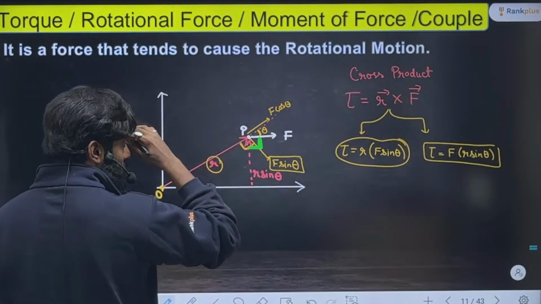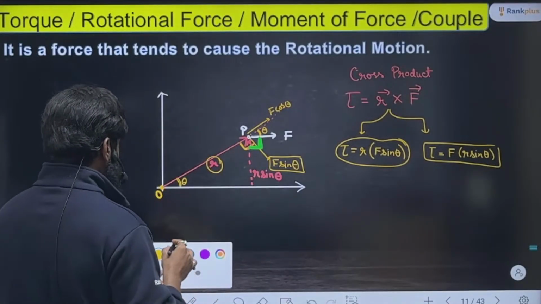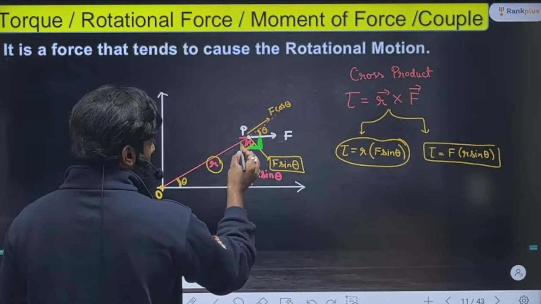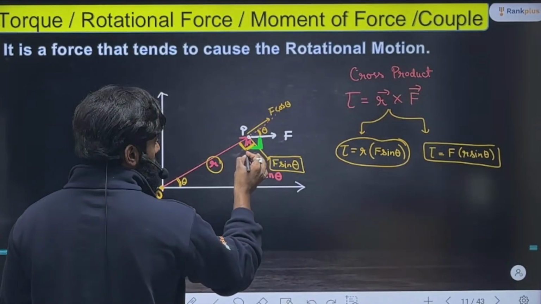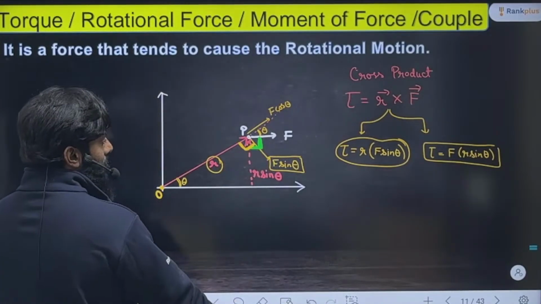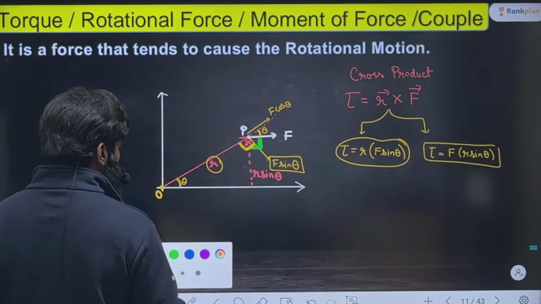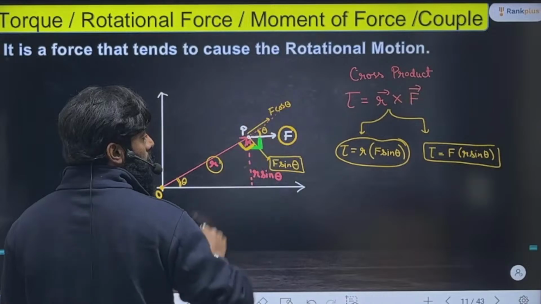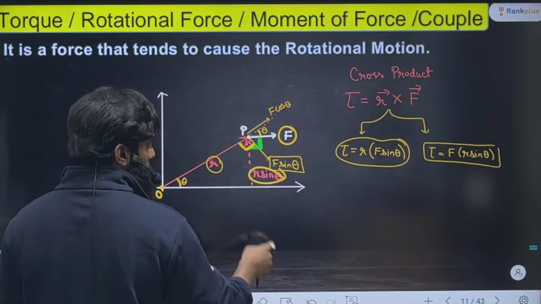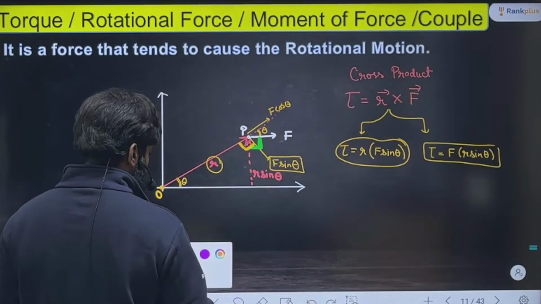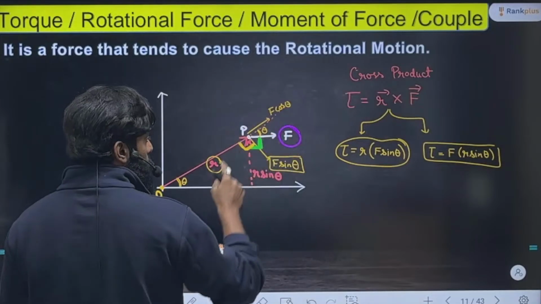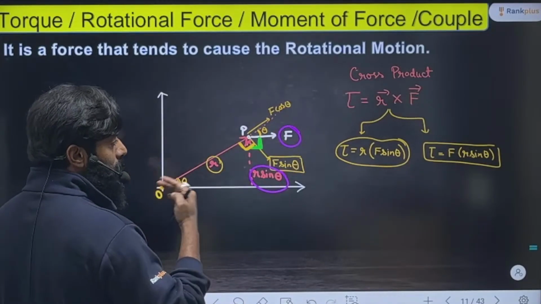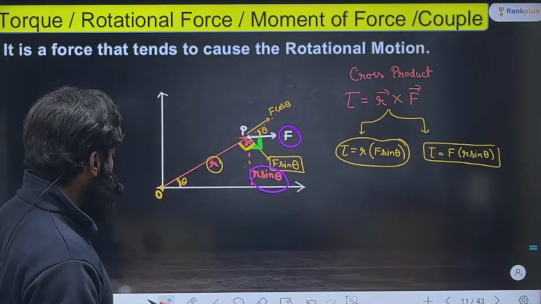This is 90 degrees. Now, I can also take this force multiplied by this. This is generally considered as force into perpendicular distance.